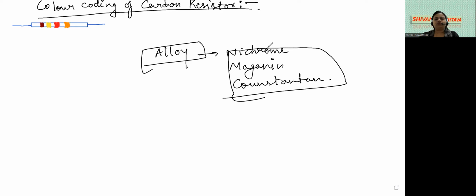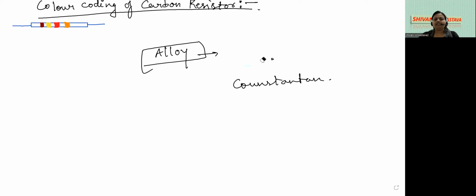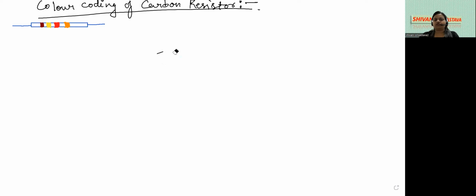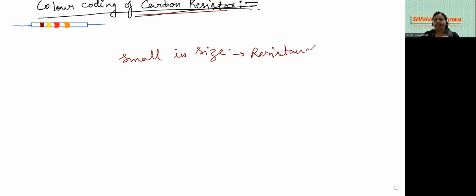But as we know, making these resistors can be costly, and that too, it is not so easy. So we use carbon resistors in place of these kinds of alloy. Carbon resistors are very small in size. Even we can't mention the resistance on them.